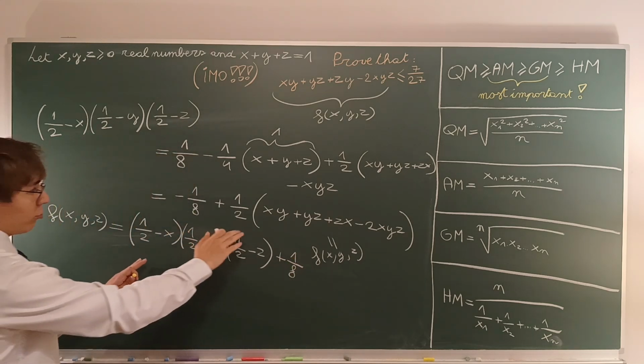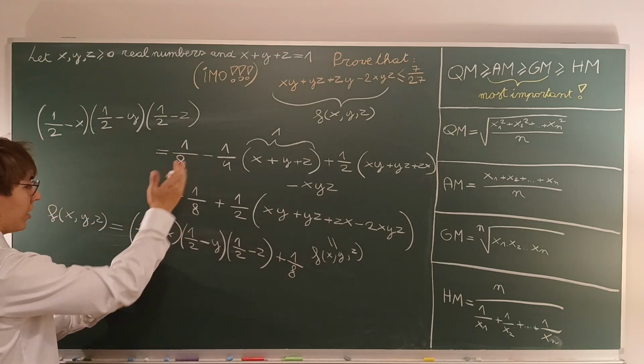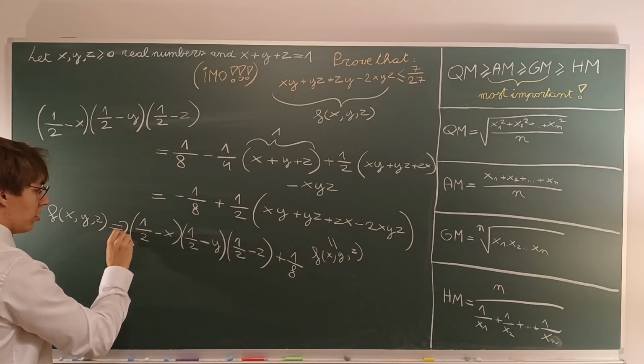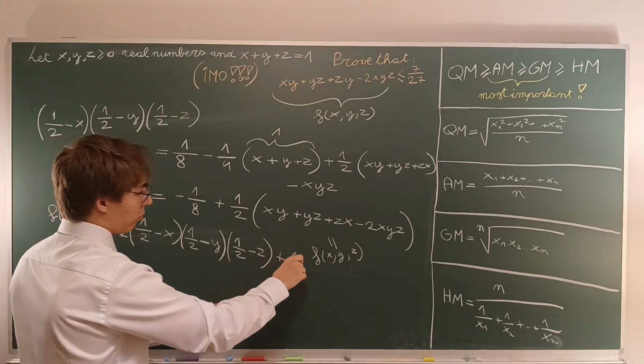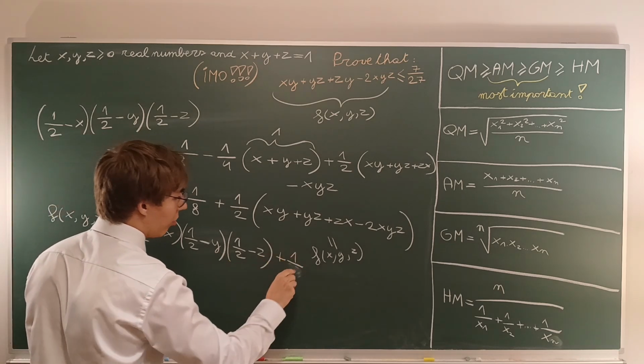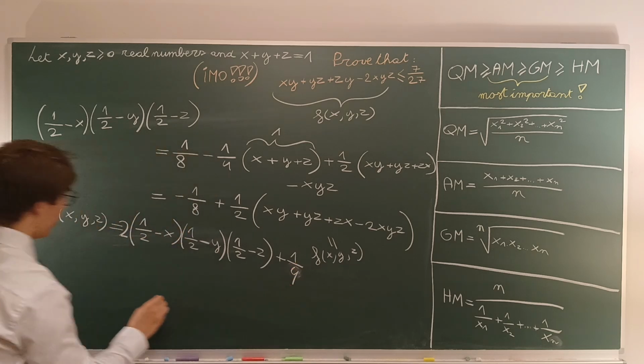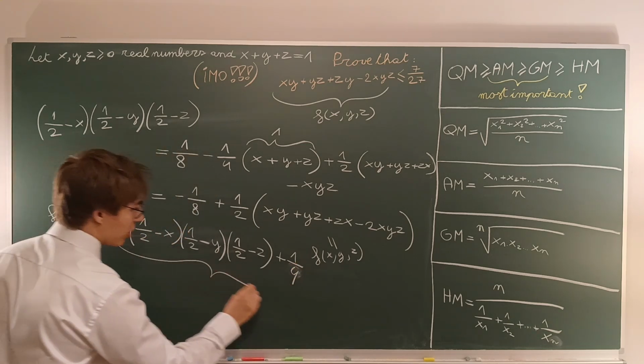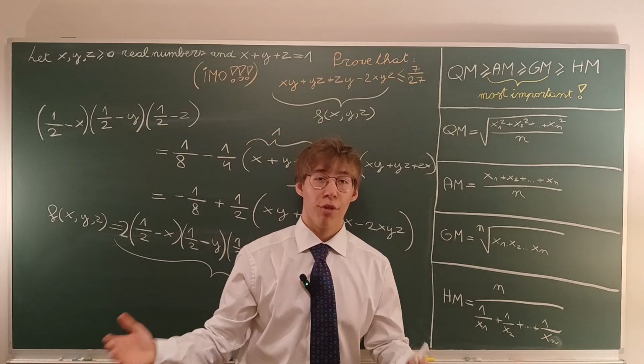But then we have to multiply by 2. So here's 2, and this will be 1 over 4. And now we have a really nice expression to work with for the rest of the proof.